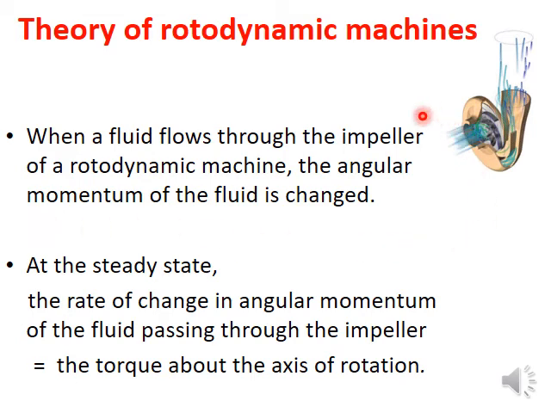What is common in all rotodynamic machines is that there is an impeller inside, and when fluid flows through the impeller, the angular momentum of the fluid is changed. So that is how the energy is exchanged between the fluid and the impeller.